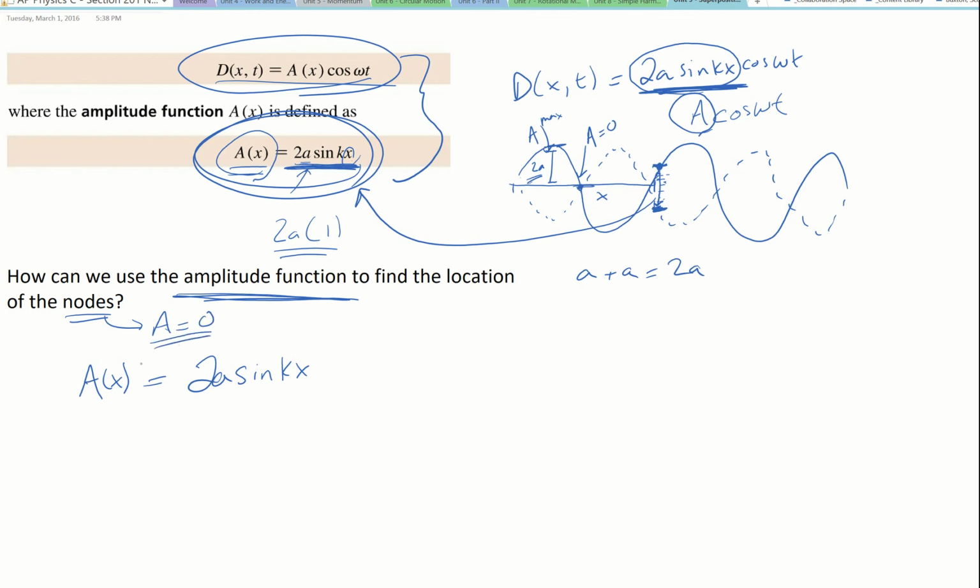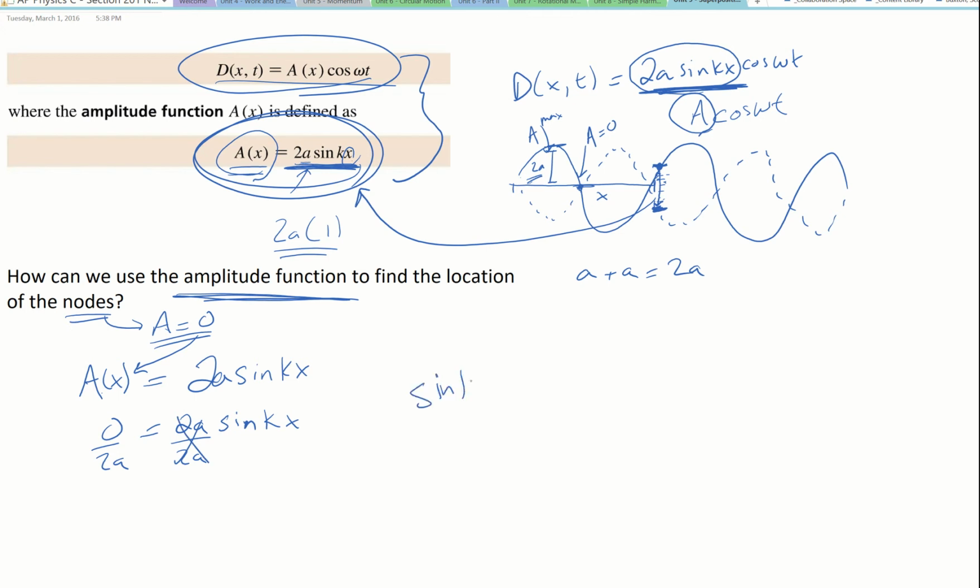So we want our amplitude to be 0. In other words, I can plug that in: 0 equals 2a times sine of kx. From there, I can rearrange this and solve for a generic function. If I divide both sides by 2a, that's pretty painless, and 0 divided by 2a is still 0.